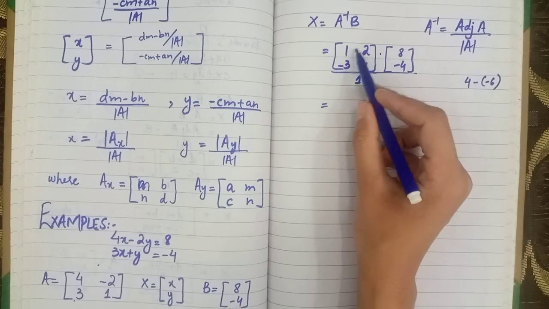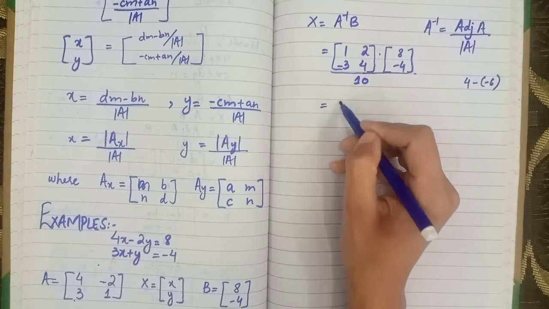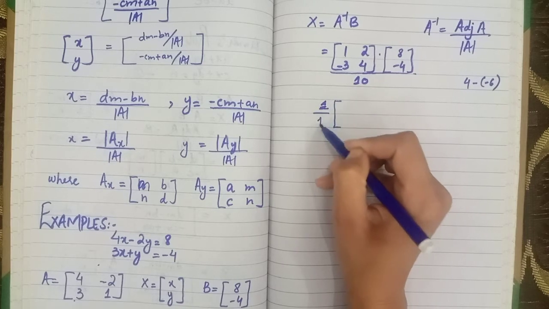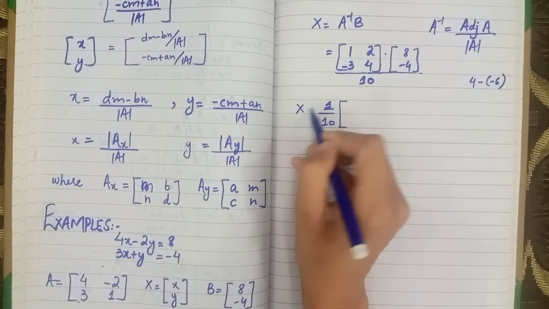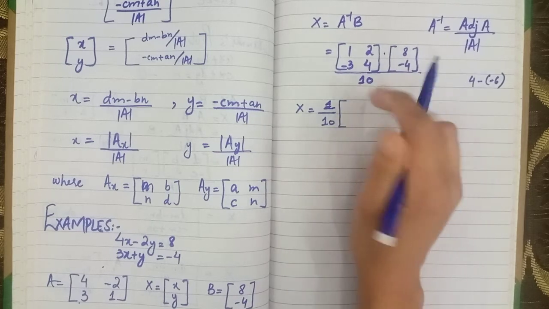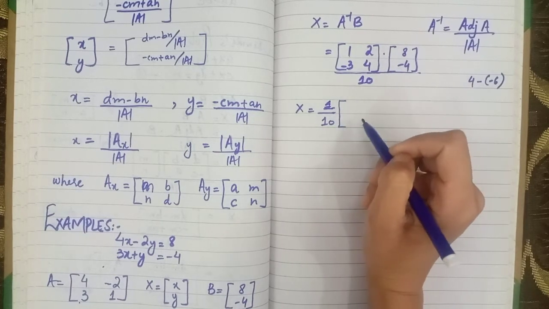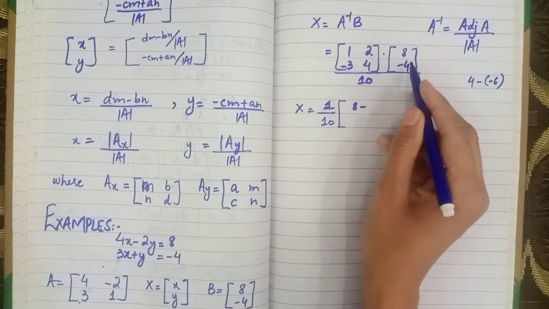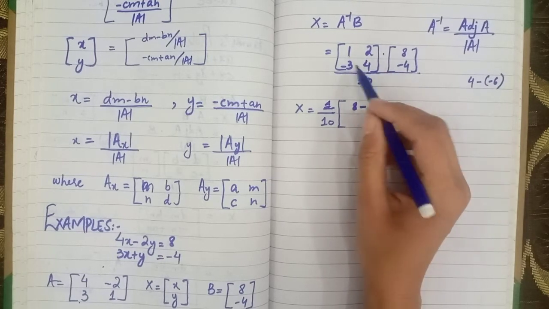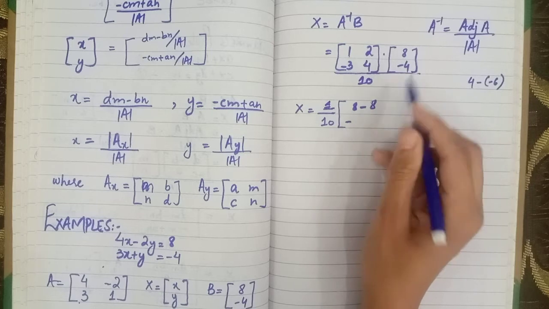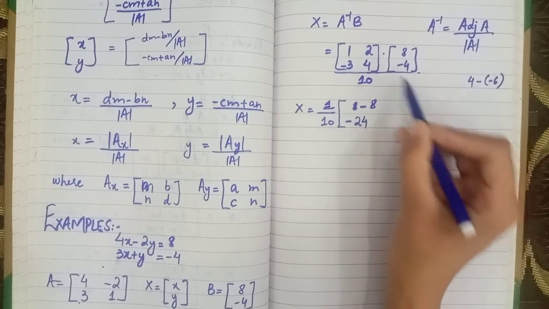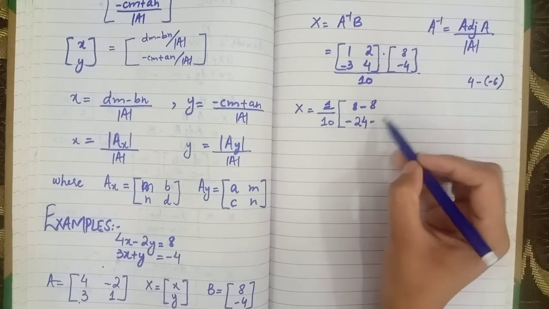Now multiply this matrix with this. You can say 1 by 10, with 10 moving upward. 1 eight is 8, minus 4 twos are 8, so it's 0. Then minus 8 threes are 24, plus minus minus 4 fours are 16.